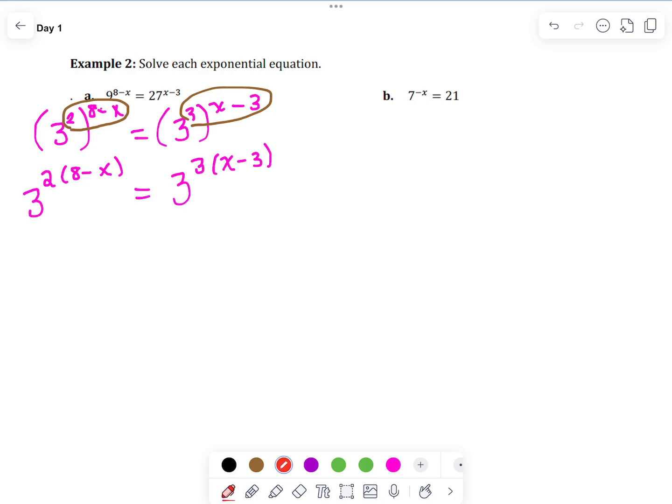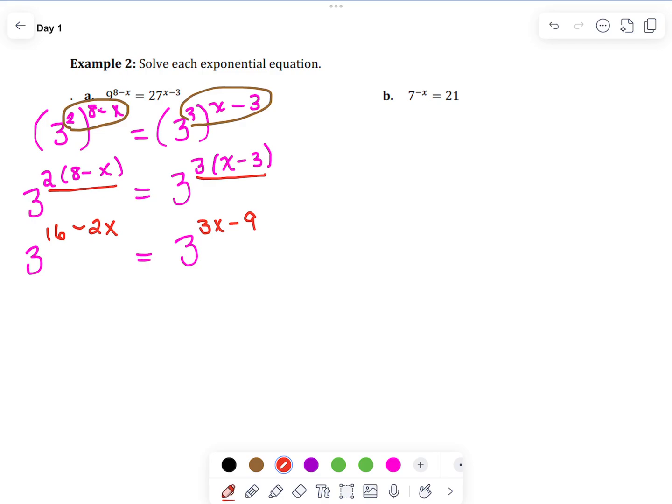Now I'm just going to simplify these exponents. So I'm going to use my distributive property. So we get 2 times 8 is 16. 2 times negative x is negative 2x. And then I'm going to distribute again. 3 times x, 3x. 3 times negative 3, negative 9.